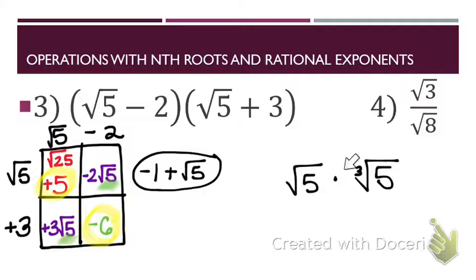This has a 2 and that has a 3. But you can multiply it if they both have the same number. And these both have a 2. So the square root of 5 times the square root of 5 is equal to the square root of 25. Then you simplify that to get 5, because it's a perfect square.